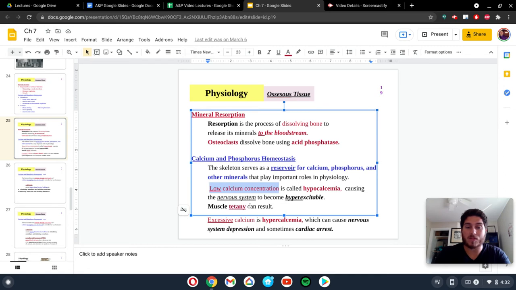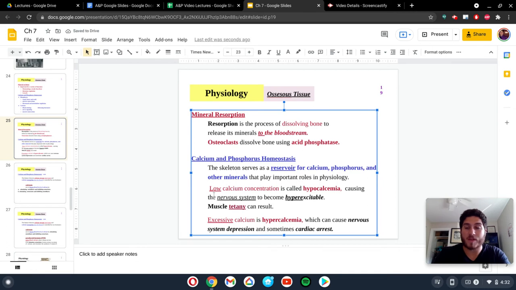So muscle tetany can result from this. We'll talk more about that in a little while. If you have too much calcium, you can have the opposite effect. It's a little strange to think about, but the amount of calcium really does matter in the body. So our bones' ability to resorb that, as well as deposit that calcium amongst other minerals, is extremely important.